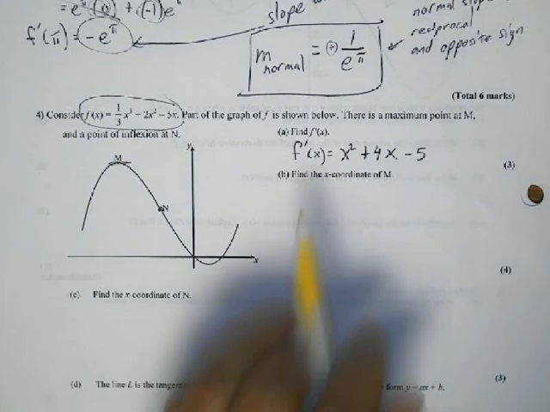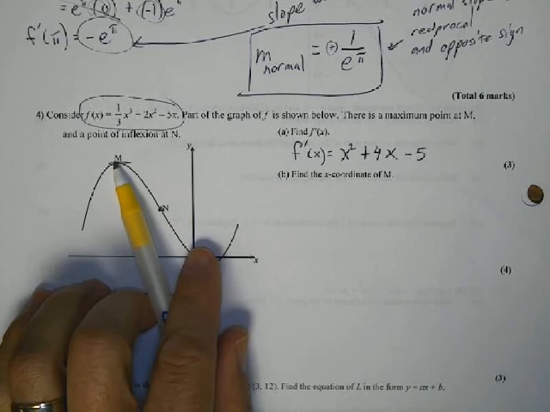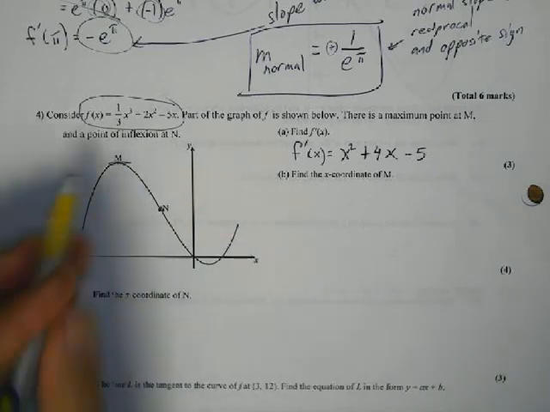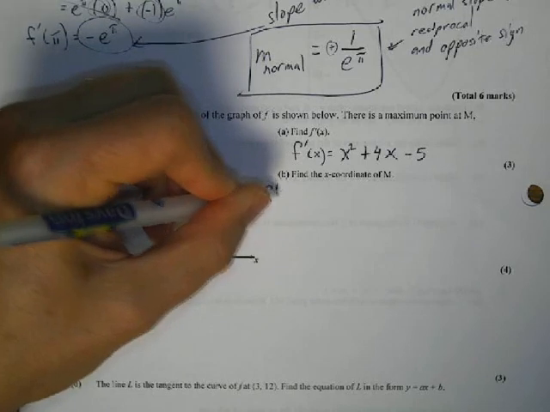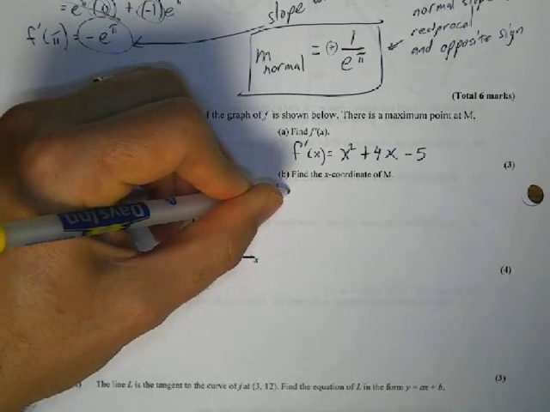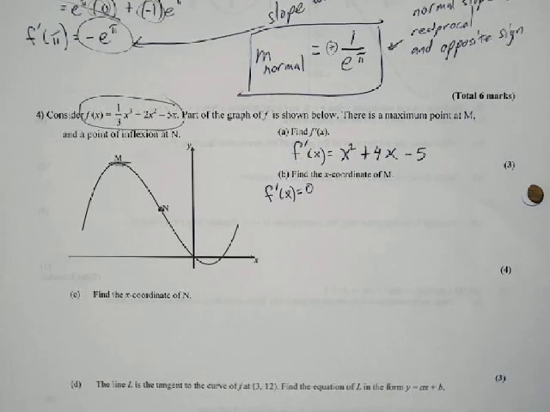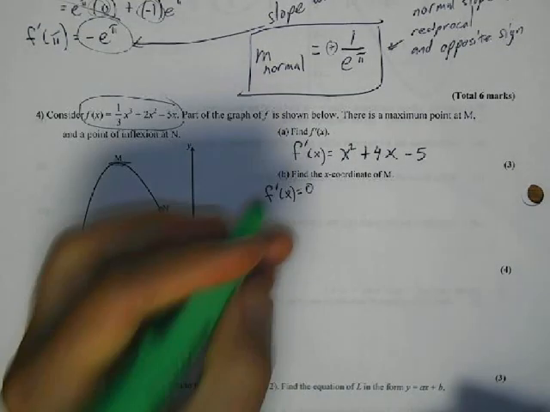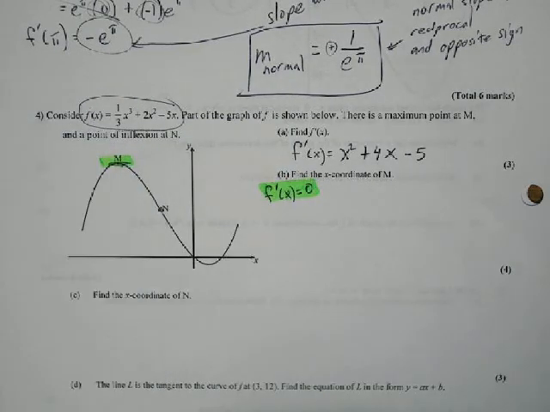Okay, find the coordinates of m. So this happens when the first derivative is equal to 0 at that point. When the first derivative equals 0, then we're going to have m.